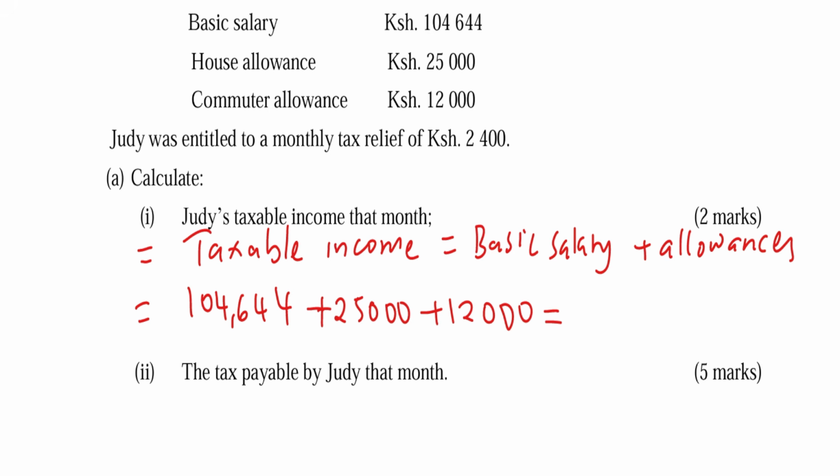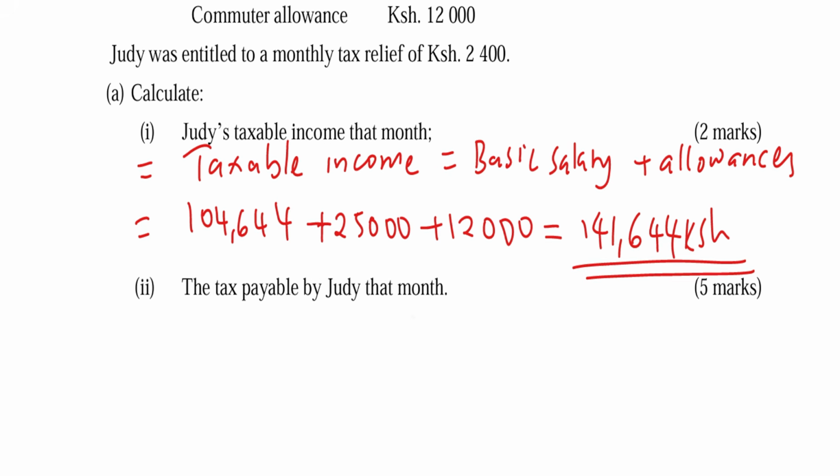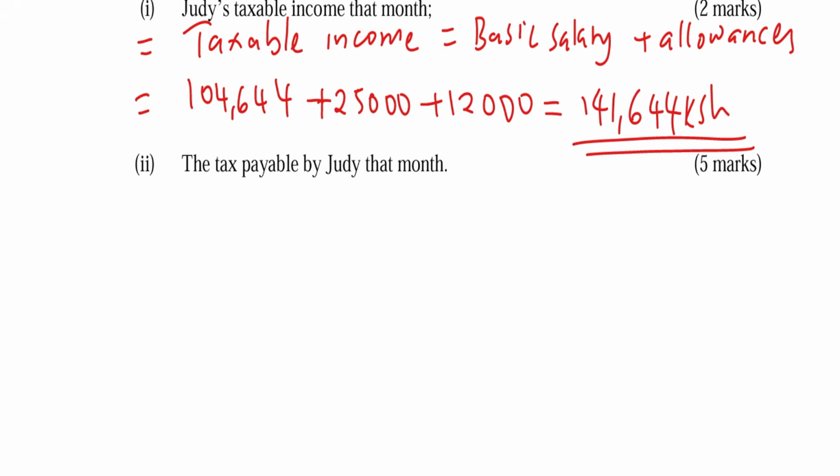Right. Now let's find out. 104,644 plus 25,000 plus 12,000 gives you 141,644 shillings. So this is the money that he will be taxed on. That's why it's called taxable income. The income that's taxed.